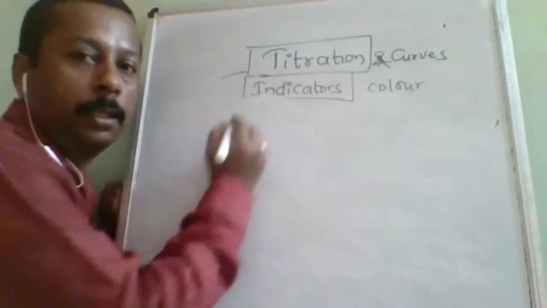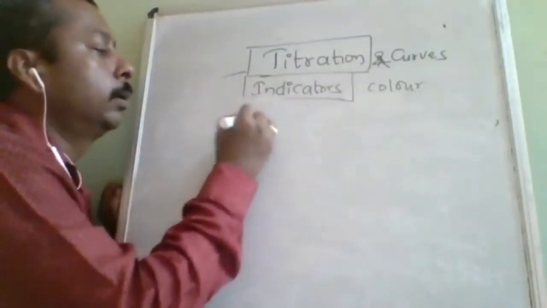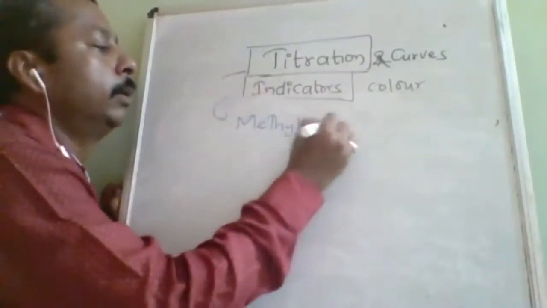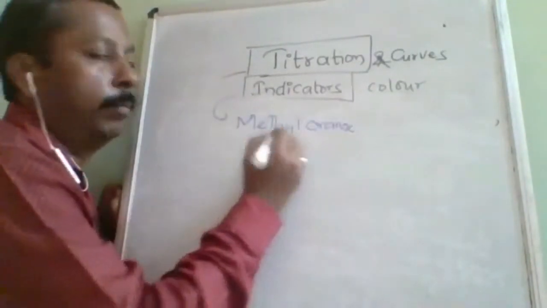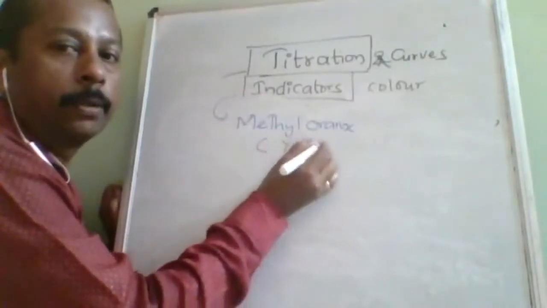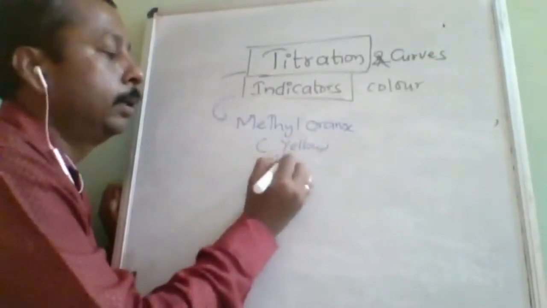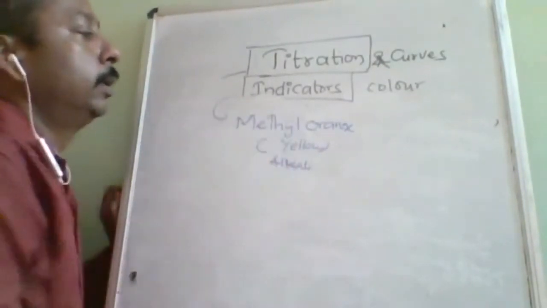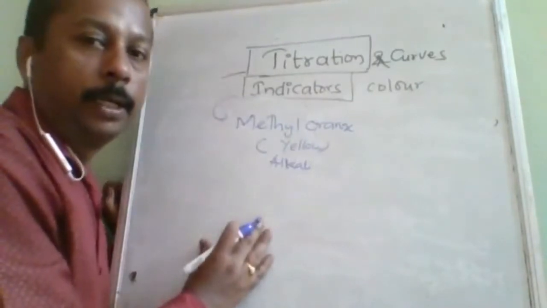For example, I am taking the indicator methyl orange. Methyl orange is yellow in color in alkali, and it is such a dull color that sometimes it appears to be colorless.